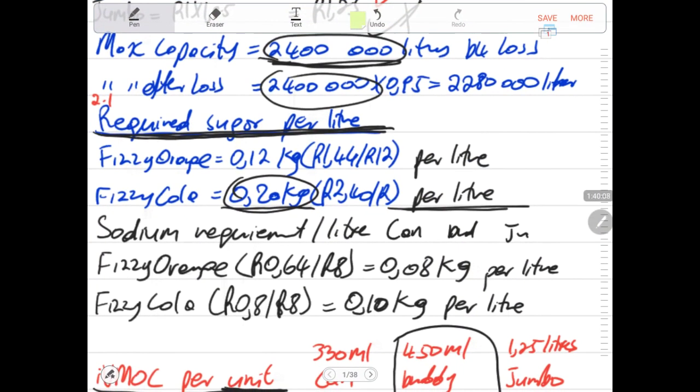Now that we know how much sugar is required per liter, we need to know how many liters of a can we are planning to produce, how many liters of a body, how many liters of jumbo, in order to get to the units that we want to produce. So now we want the units in liters.